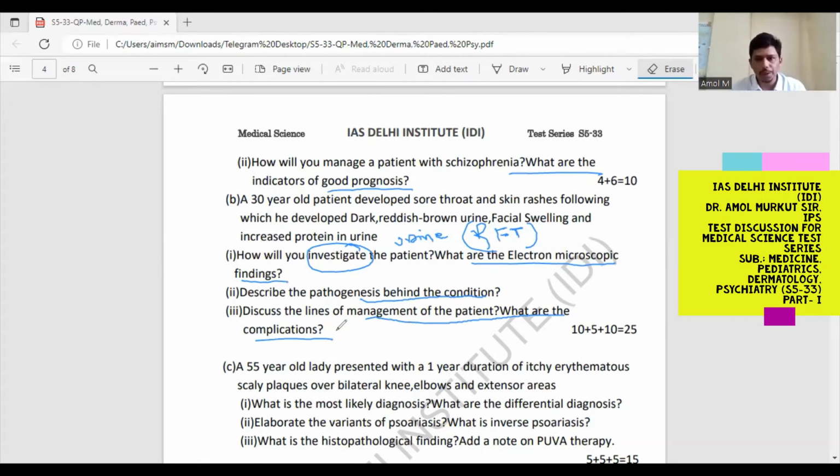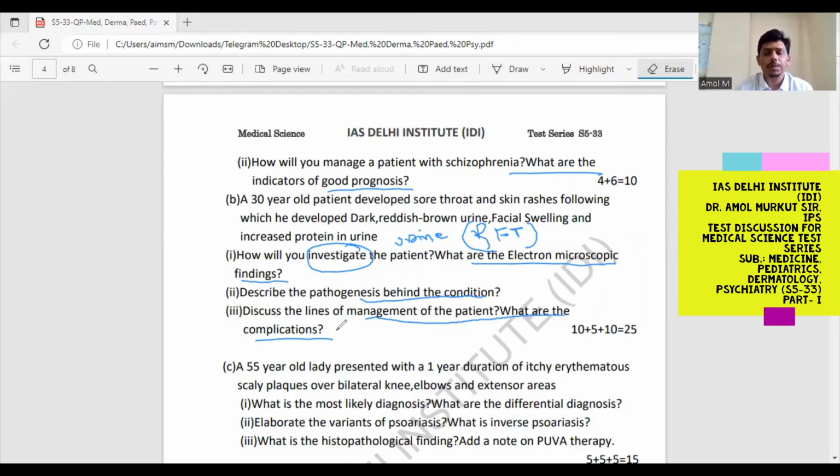Lines of management, mostly supportive treatment. Few people have gone directly to the steroids. We don't use steroids usually or generally in post-streptococcal glomerulonephritis. It is not a nephrotic syndrome. You have to give supportive management: maintenance of fluid, hydration, electrolyte balance.